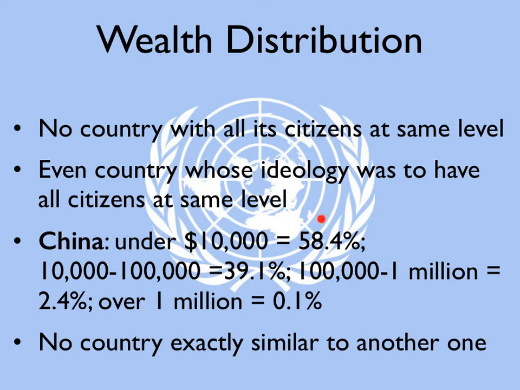So sadly we see that China has still a very low level of personal assets. And on top of it, as we saw before, no country is exactly similar to another one. France and Japan are similar for the higher level range, but not for the lower level ones.